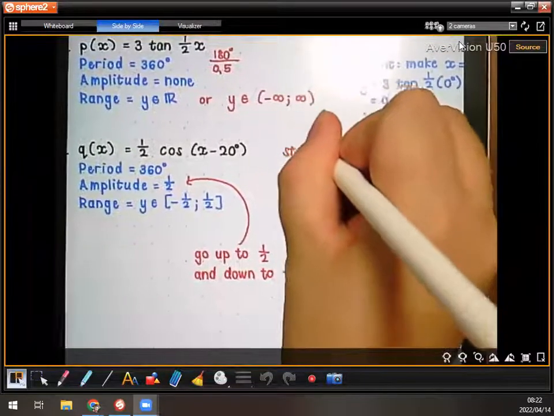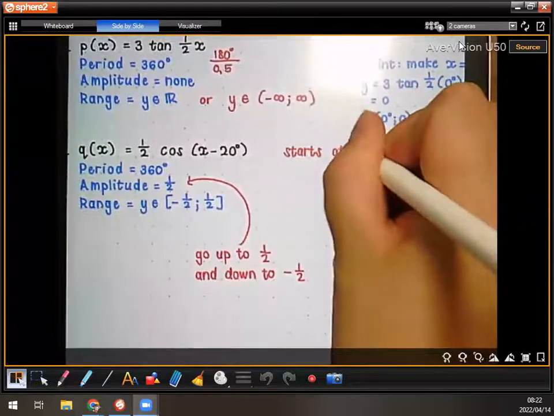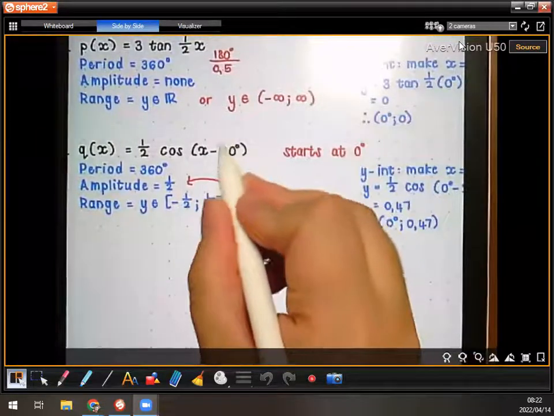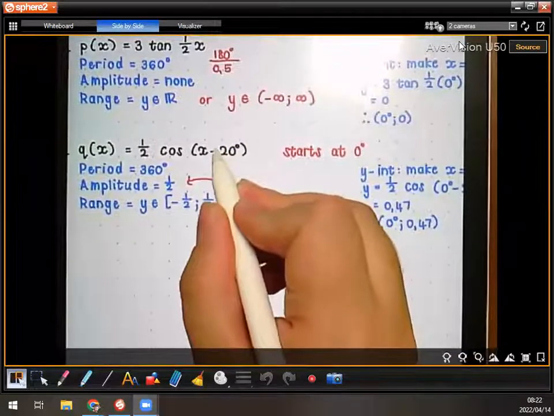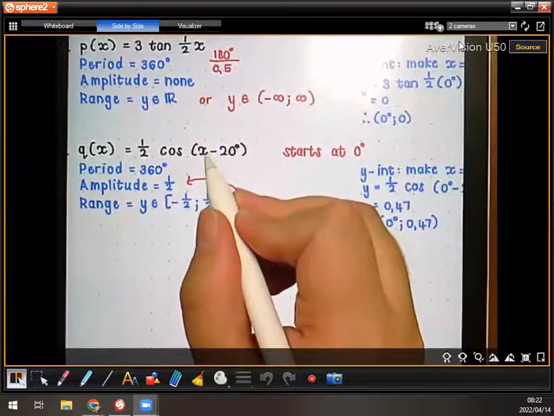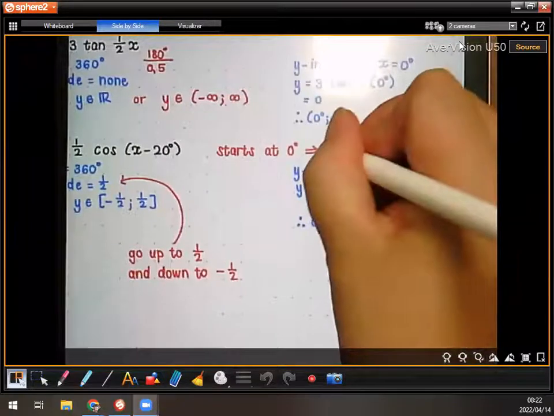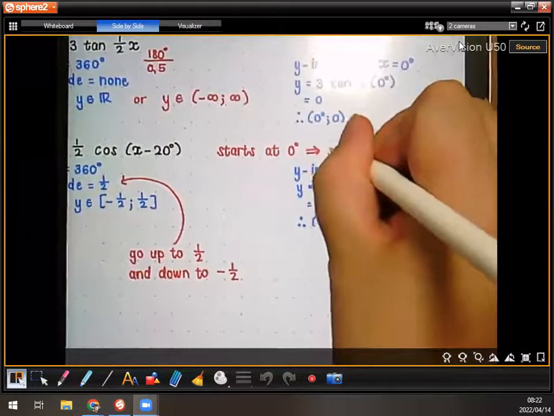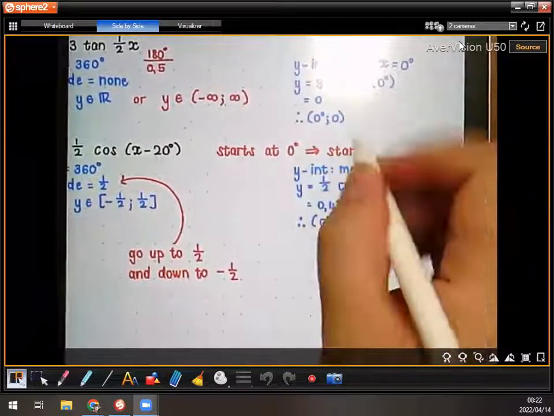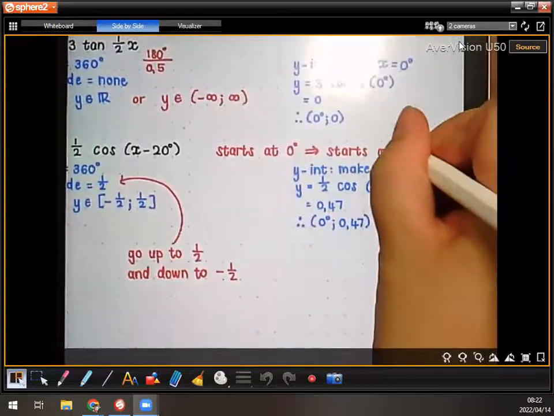I'm going to write here, starts at 0 degrees, but now because of this minus 20, this is shifting 20 degrees to the right. So this one is going to start at 20 degrees. Normally it starts at 0, but now it starts at 20.